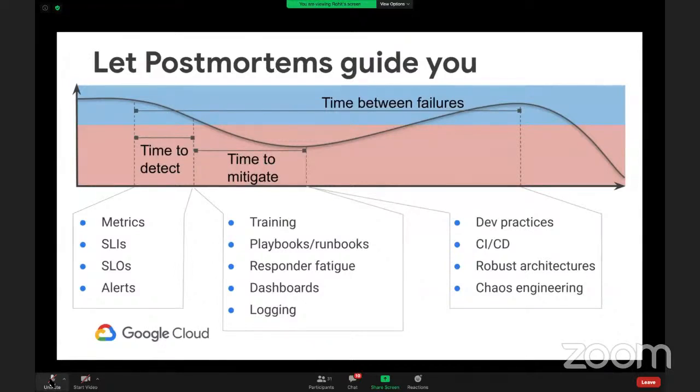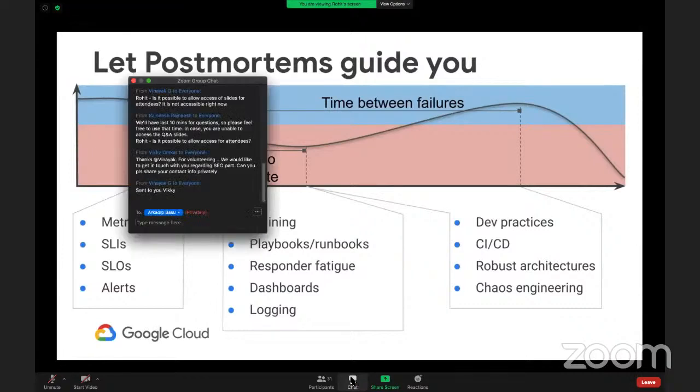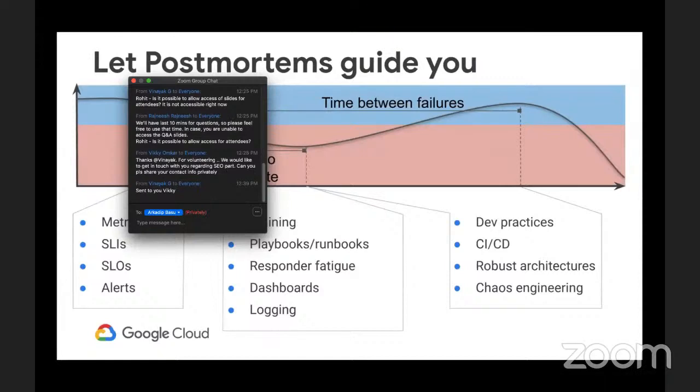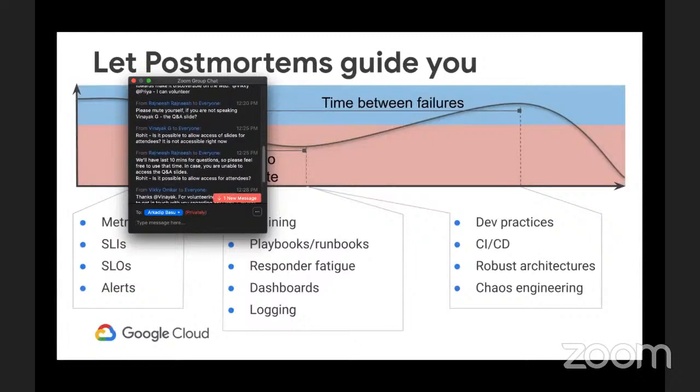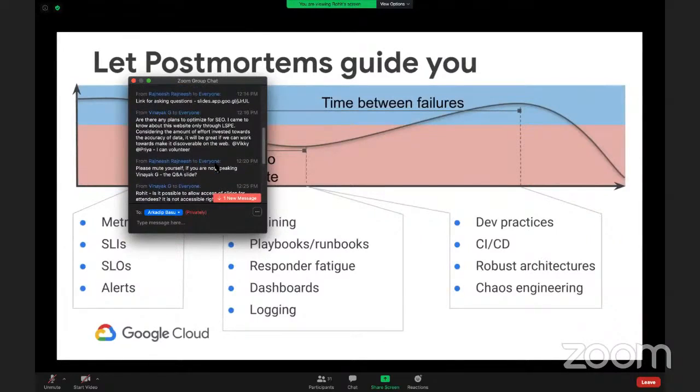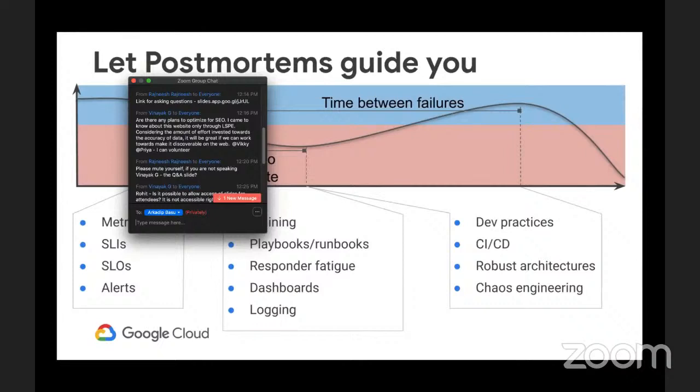Another example: you may be over-delivering compared to your promise. Say you have an internal SLO of 100 milliseconds for the API to respond, but you're always delivering at, say, 15 milliseconds. What happens if the service actually starts responding at 100 milliseconds?